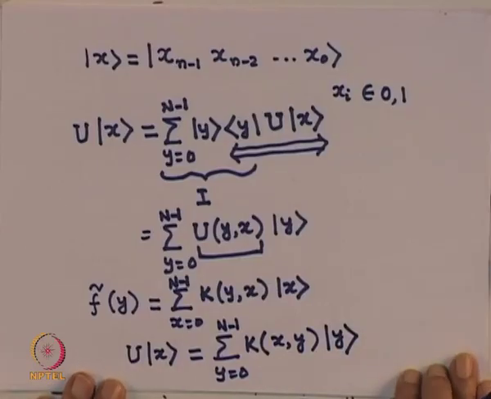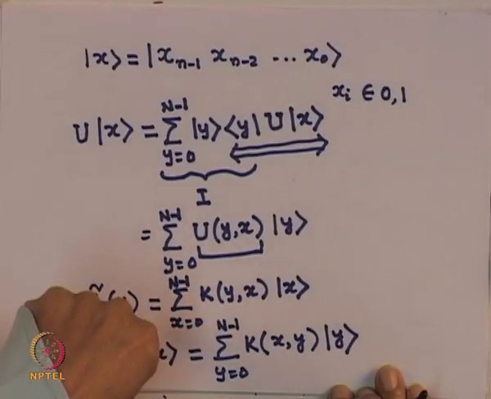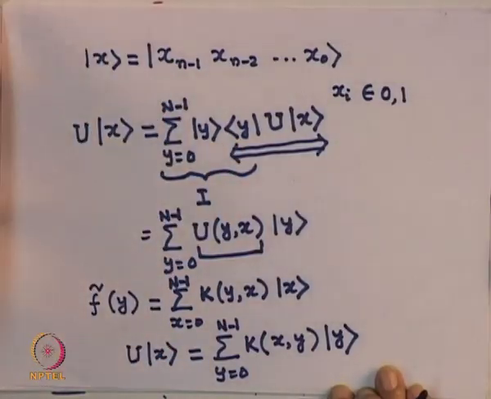then I can make a statement that this operator U, the unitary operator U, computes the discrete integral transform of the basis states, the n qubit states. Now that's not all.